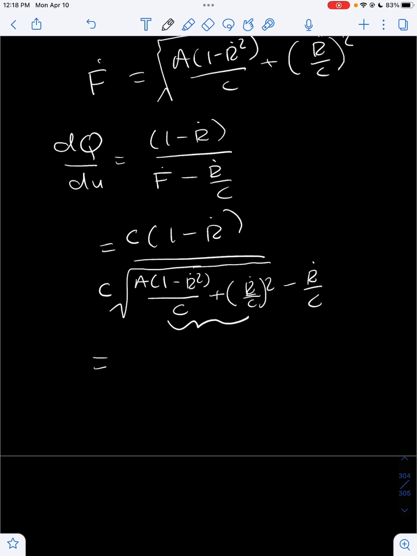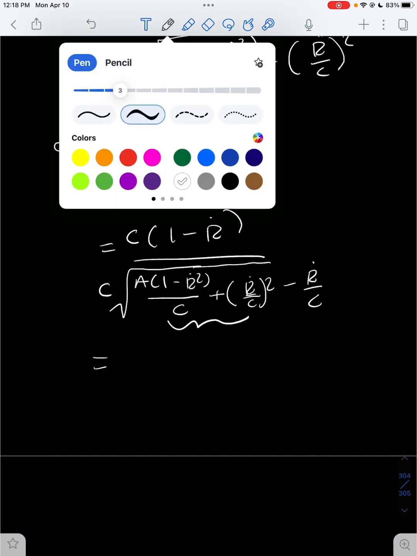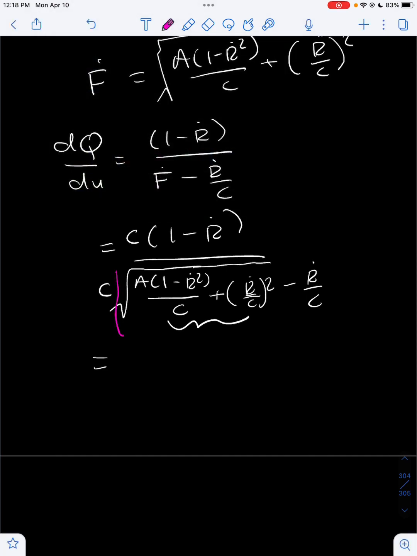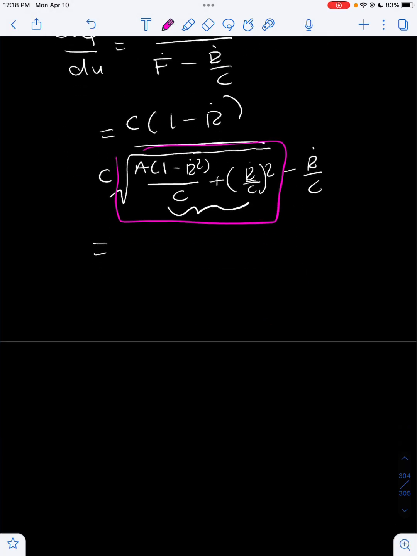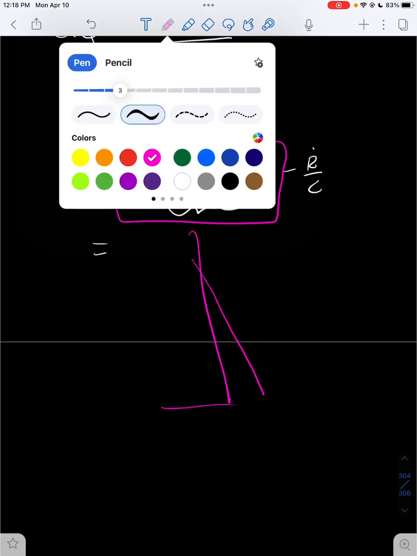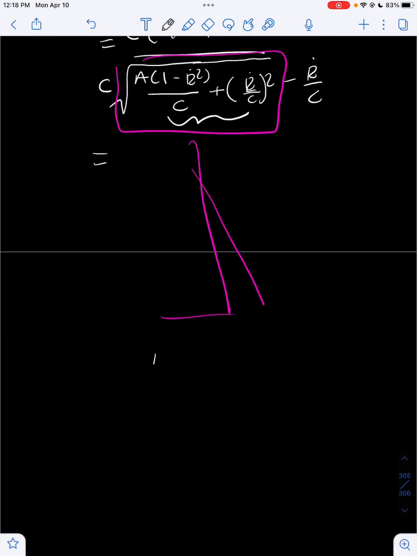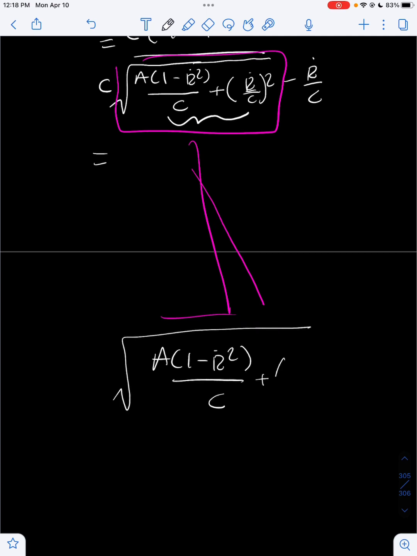Looking at this yellow part, what we have is a times 1 minus r dot squared over c plus r dot over c squared.